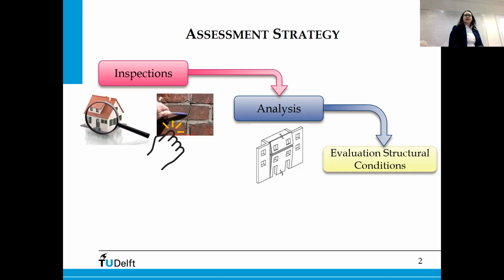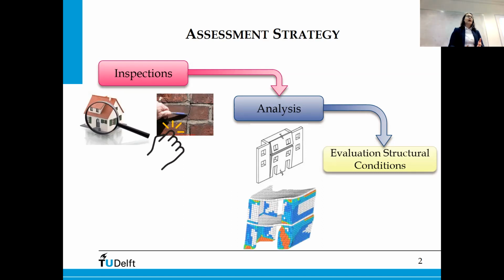So what I was saying is, when we want to assess a structure, we can do some quick calculation. But more and more, we are trying to have a better understanding and better prediction of our structural response. So we are using advanced calculation methods where we can rely on the fact that we are able to predict how the masonry cracks, so how the building, even if cracked, can withstand still some load.